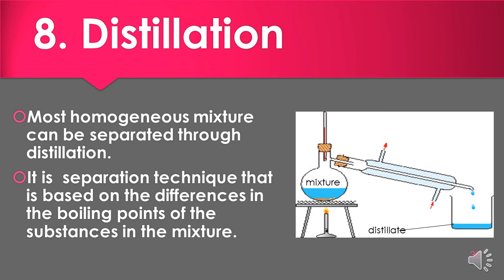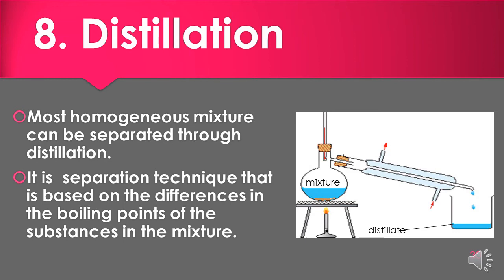So you can use distillation. Basically, the idea there is to heat the mixture, and you also take note of the boiling point of the materials in it. In this case, the boiling point of alcohol is 78, I think, degrees Celsius, while water is 100 degrees Celsius. So this way, the alcohol will be the first to evaporate.